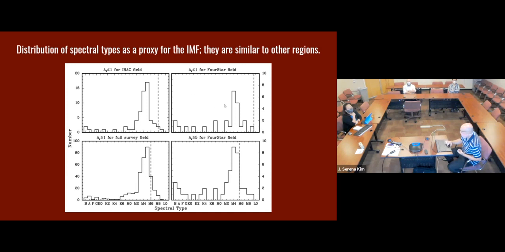Then over here, we have the 4-star field, which is mostly sampling the Coronet, but if we're doing just the low extinction, then it gets a little messy. Not sure what to say about that. But for the sample of stars with high extinction, this appears to be mostly the Cornet Cluster, so that gives you the distribution. And lo and behold, guess what? The initial mass function in Corona Australis is the same as everybody else in the region, which is good.